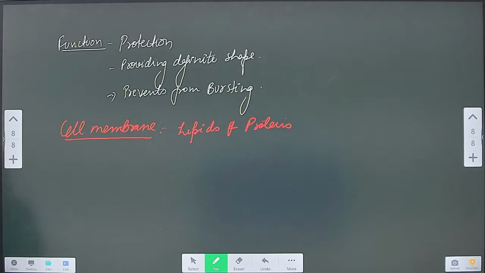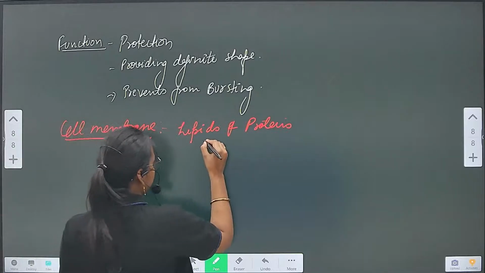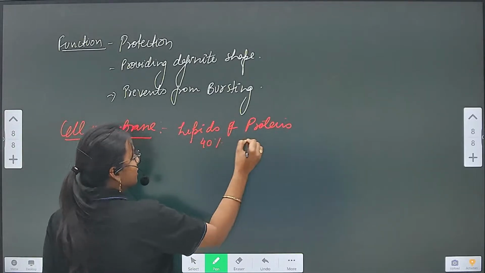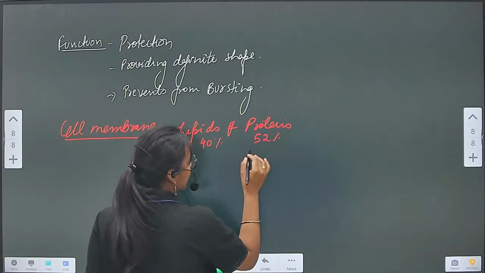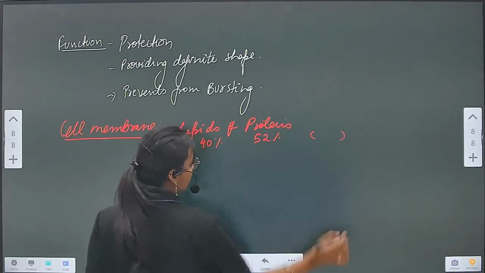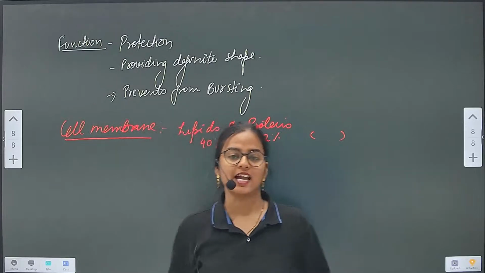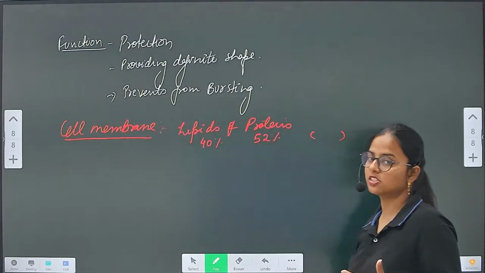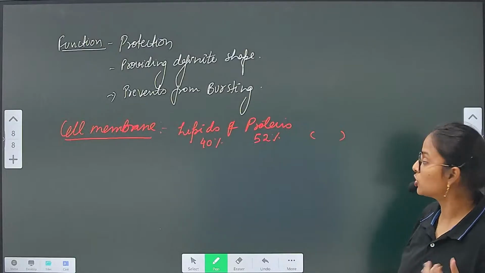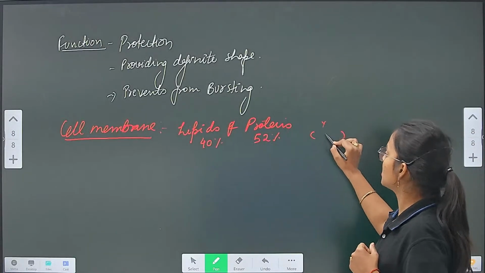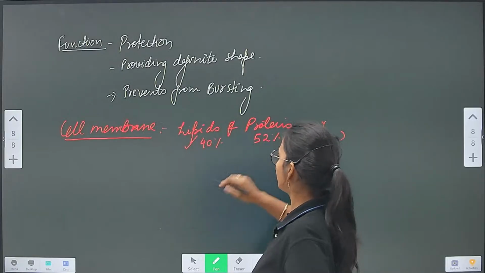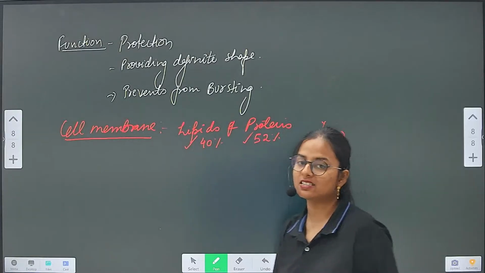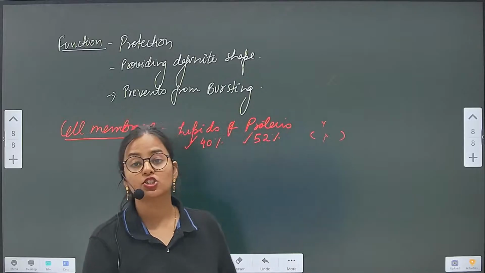So, 40% is lipids and 52% is proteins. Then definitely one more component would be there. Actually, your plasma membrane also consists of some sugar also, but we don't mention it over here because in NCERT they have just given 40% of lipids, 52% of proteins and some percentage of sugar as well.